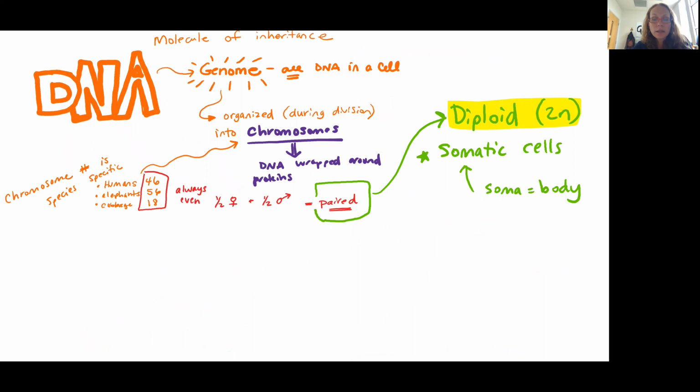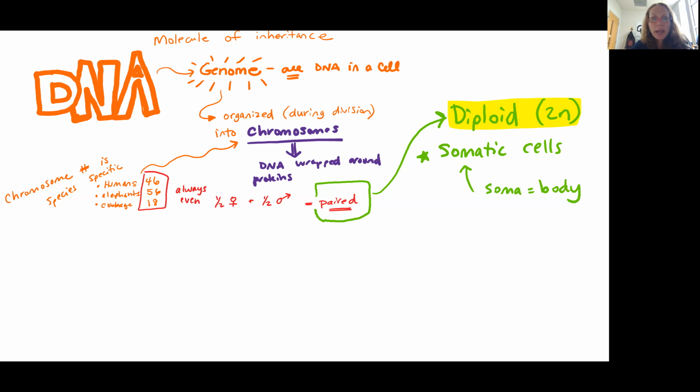When we're talking about a cell that has paired chromosomes, meaning two number ones, two number twos, and so forth, we're going to call that a diploid cell. And we can abbreviate that as 2N. So a human cell that has 46 chromosomes, those are paired, so that's the diploid number. The elephant cell with 56 chromosomes, those are paired, so that is the diploid number.